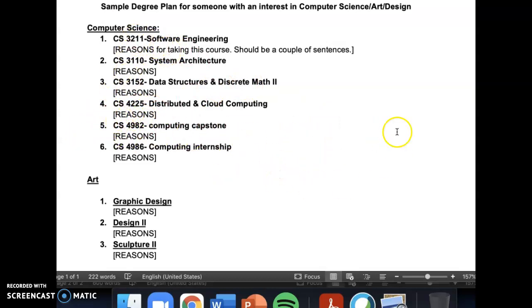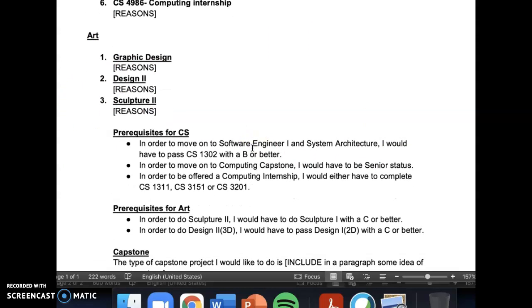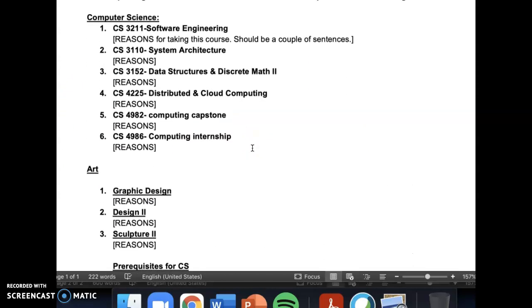This person decided that they wanted to do a capstone and an internship, which makes sense because those classes allow for a lot more freedom for someone who wants to do an interdisciplinary project. And then for art, they chose graphic design, which is an obvious choice, first of all, because it's a more computer related kind of art. So it would bridge those skills together.